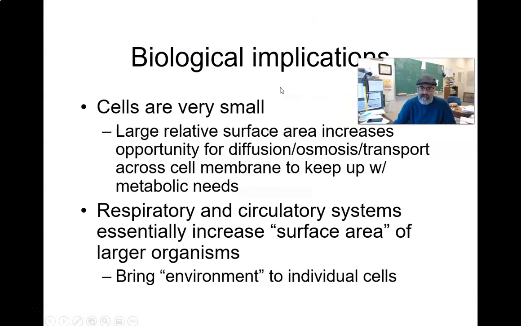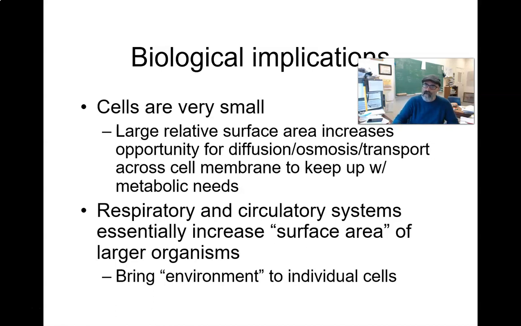So what happens is these systems, this increasing level of complexity, essentially brings the environment into the individual cells, okay? So how do we get oxygen to our cell? We breathe it in through our mouth, through our trachea, down to our lungs, through our bronchioles, into our alveoli, absorbed into our blood.